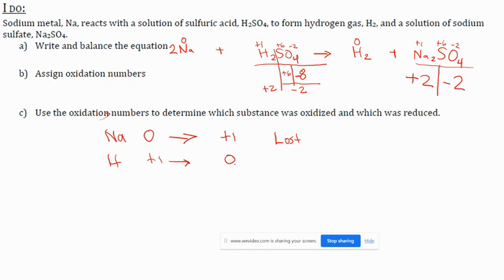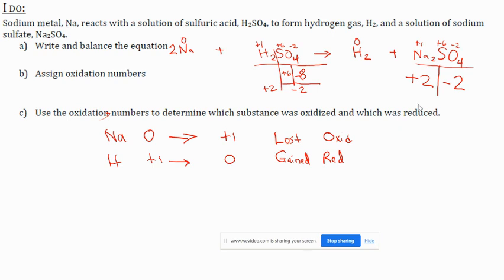So it became more negative, which means that it gained electrons. So if I lost electrons, is that oxidation or reduction? Oxidation. And if I gained electrons, it is reduction. Okay, oil rig. Oxidation is loss. Reduction is gain. Or Leo goes grr, however you want to remember it. Good?